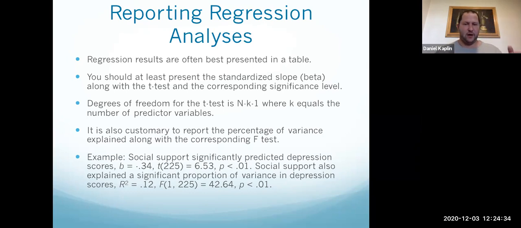R square equals 0.12. F equals 1, comma 225, which the F value was 42.64, and P was less than 0.01. So now, the only reason why we said social support explained a significant proportion of the variance is because the p-value was less than 0.05, right?